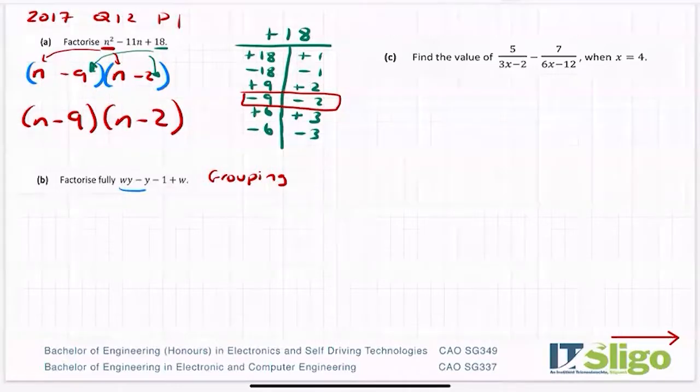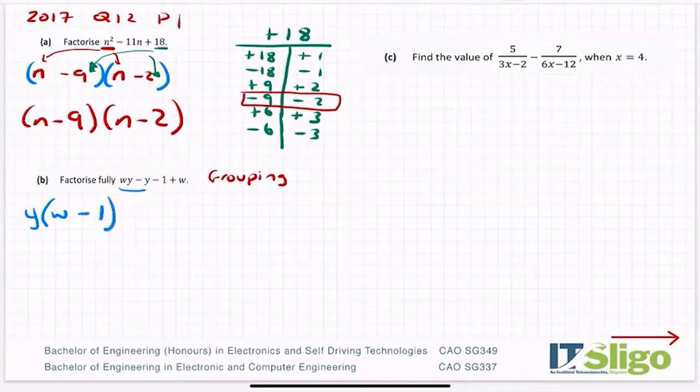So y is common there, so take that y outside. What's left over? There's the w left over in that one, minus, and then just 1. Don't forget the 1. Because remember what you have to do: you have to be able to multiply these by each other and then get this as your answer.